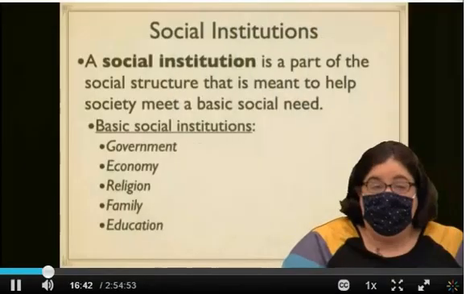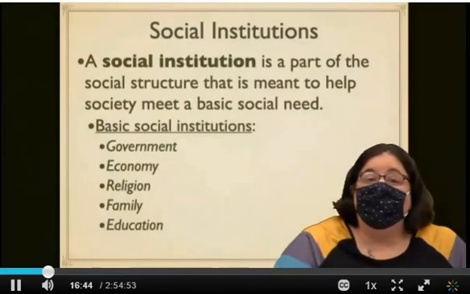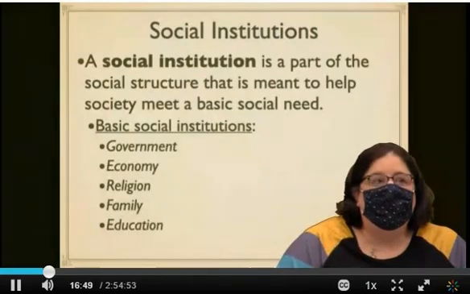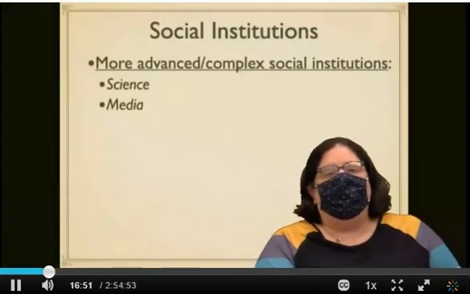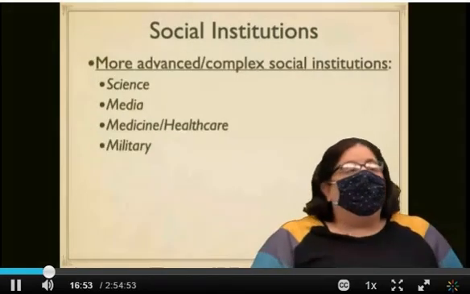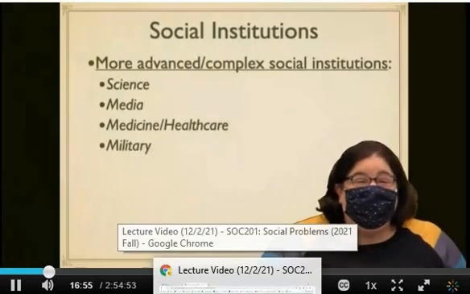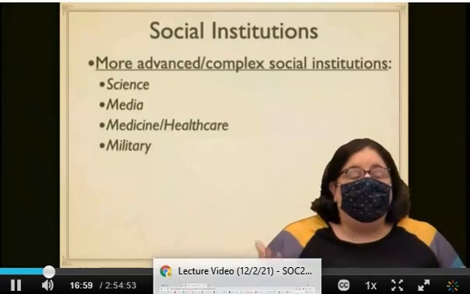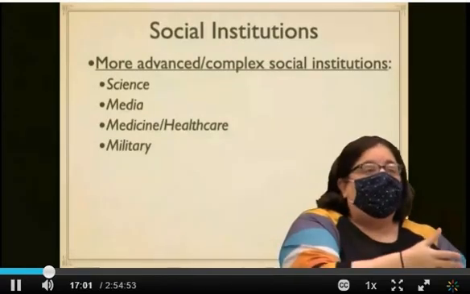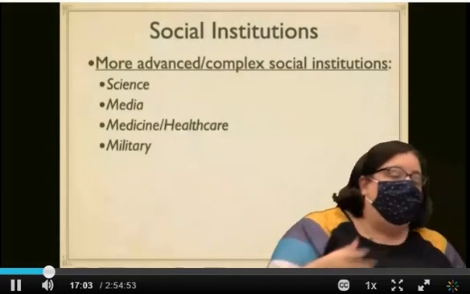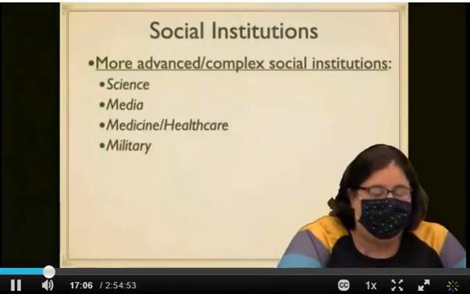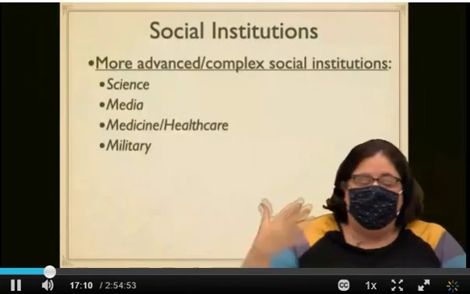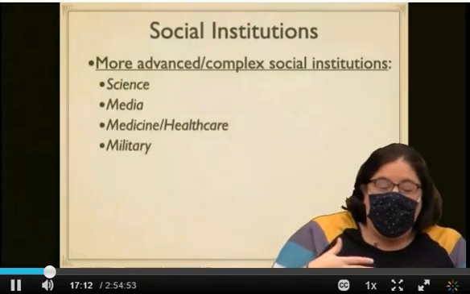As societies become more advanced, they develop other kinds of social institutions. These are just the basic ones. Certainly we have institutions like science or the media or medicine or the military, which are much more advanced and complex than a simple exchange institution for economic purpose. As we become more technologically advanced and complex, we develop more.